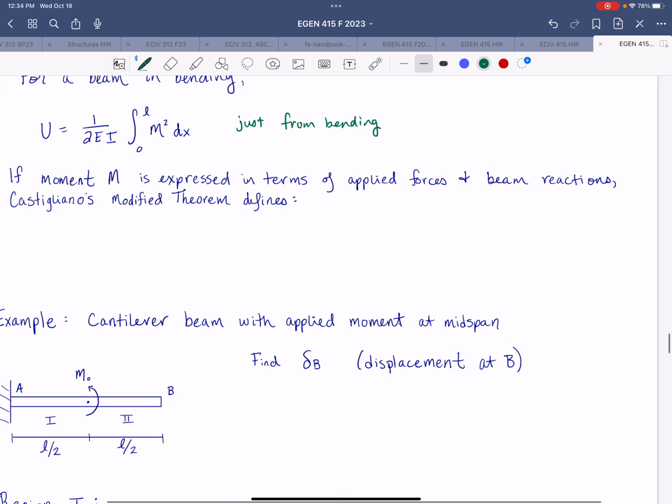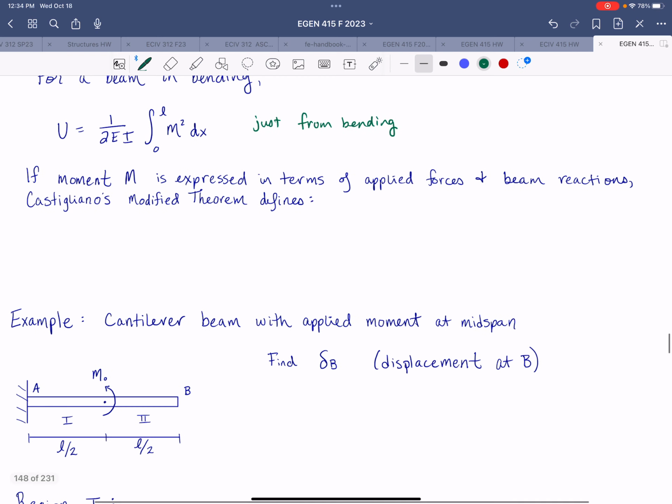If we want to express that moment in terms of applied forces and beam reactions, which is often necessary or convenient, then the modified Castigliano's theorem will define a deflection at a specific point, i, as being the partial derivative of strain energy with respect to a force at that same location. We'll represent that force by P. That's also often noted with the lowercase delta.